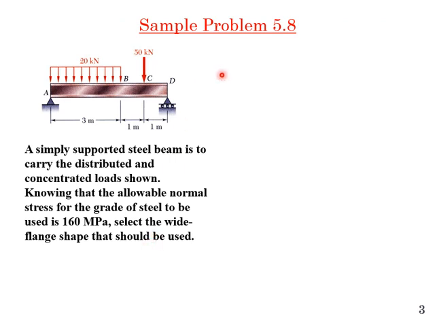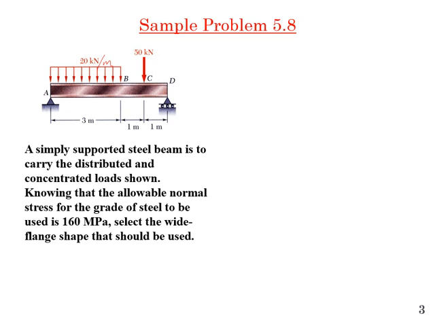The statement is: a simply supported steel beam is to carry a distributed load and a concentrated load as shown. So we have a simply supported beam AD with a distributed load of 20 kilonewton, so this should be written as 20 kilonewton per meter.